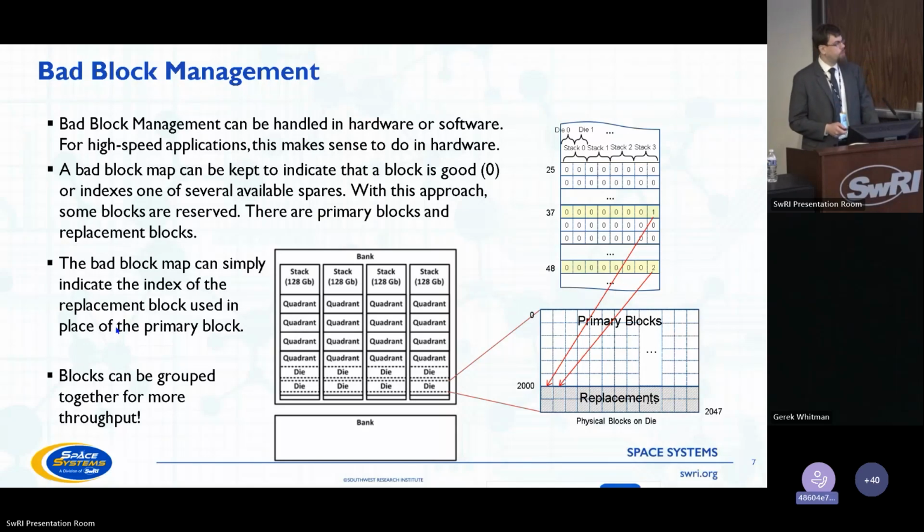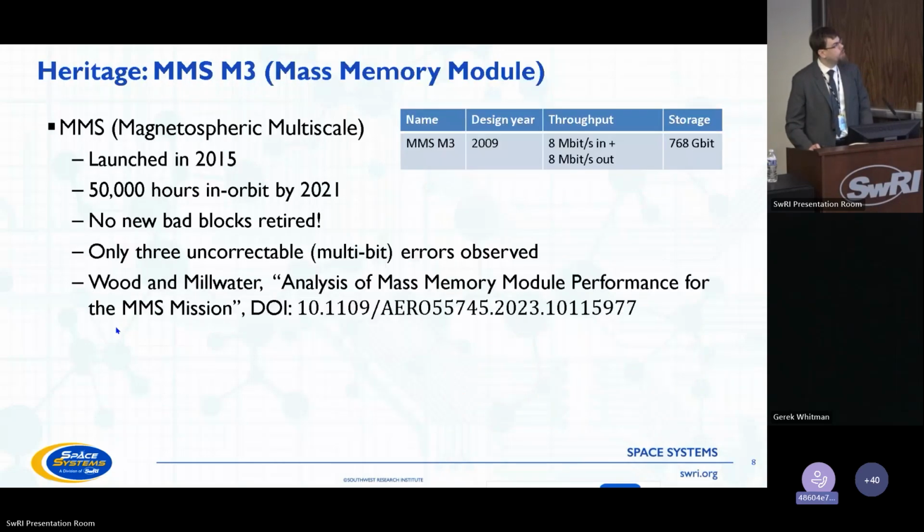Okay, so that's enough for the hardware of the NAND flash that we use to produce these boards. And what I will be putting forward as the base heritage mission for a lot of this work is MMS's M3, the Mass Memory Module. This was launched in 2015. By 2021, it had 50,000 hours in orbit, and we got a paper out of analyzing the performance of the memory, which was, on the whole, very good.